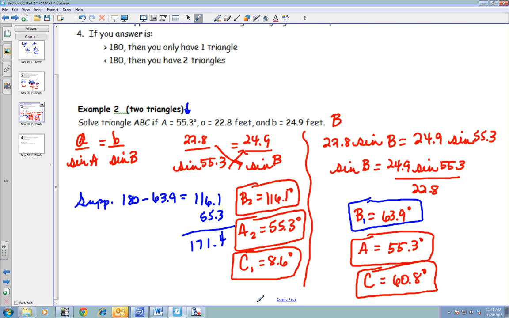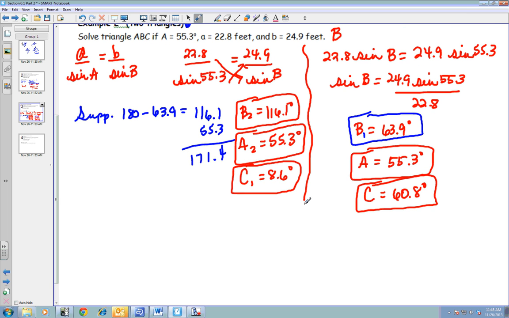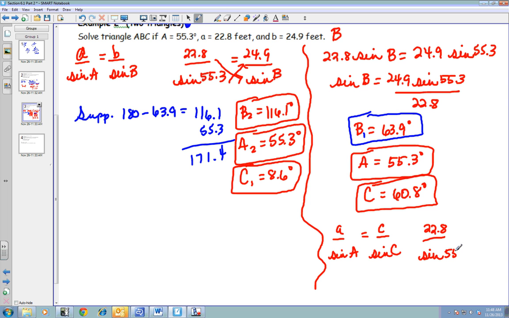Let's find side C for this triangle. I'm going to use A over sine A equals C over sine C. So A is 22.8 over sine of 55.3 equals C over sine 60.8.